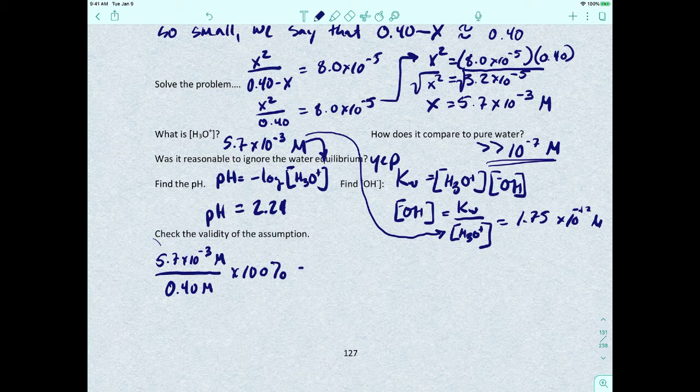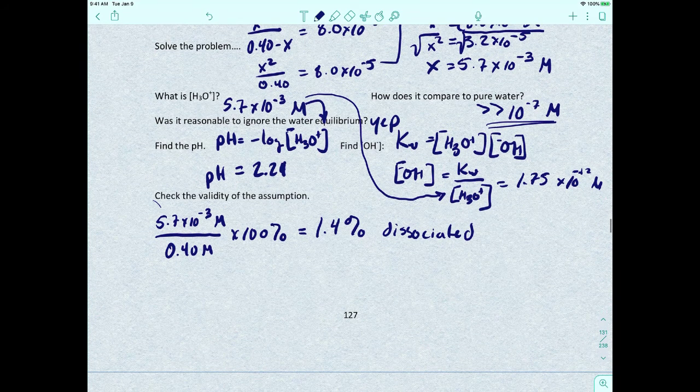What I want to know is the percentage of this acid that actually dissociated, that broke apart. If we take these two values, divide, and multiply by 100%, we get that it's 1.4% dissociated, which is good for us.